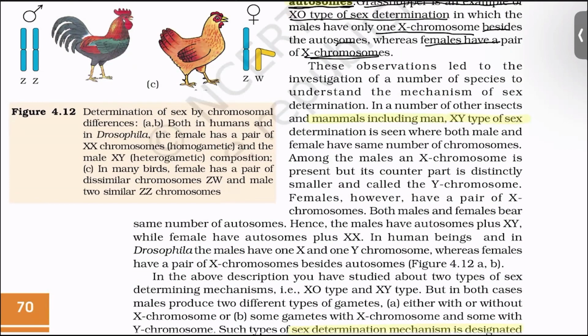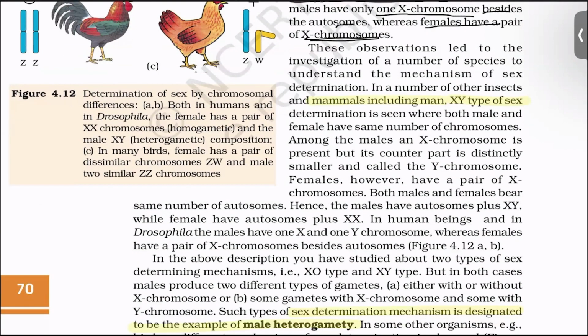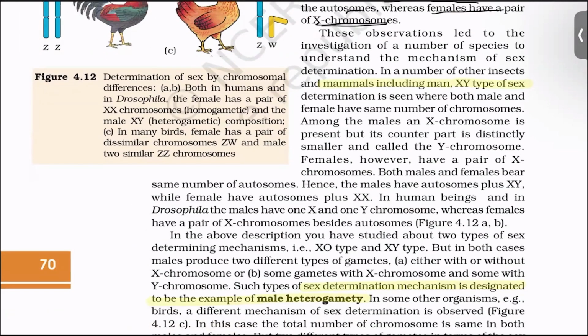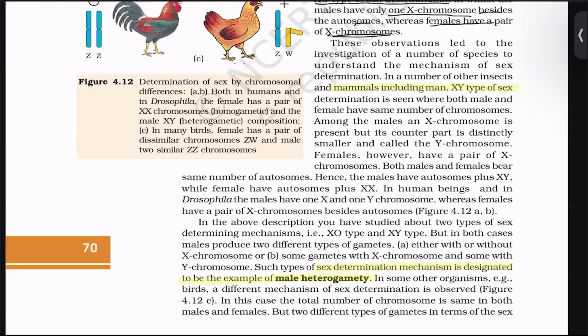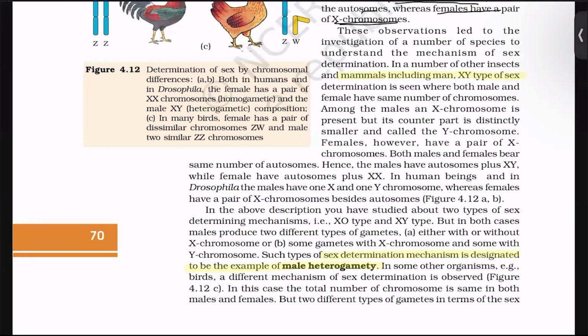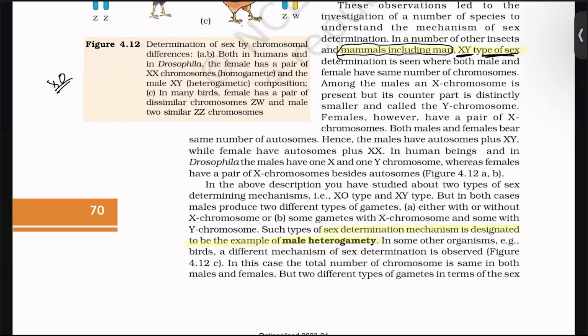So these observations led to the investigation of a number of species to understand the mechanism of sex determination. Now we started studying mammals, including humans, and we found that we do not have XO type sex determination. We have XY type of sex determination. So this is a human female and this is a human male. We have 23 pairs of autosomes.